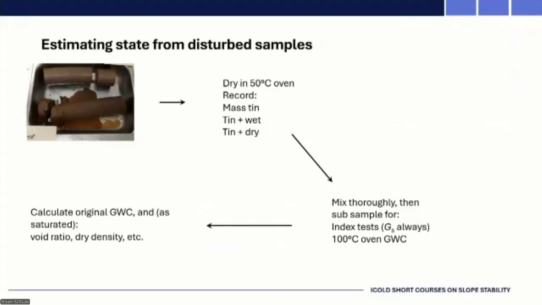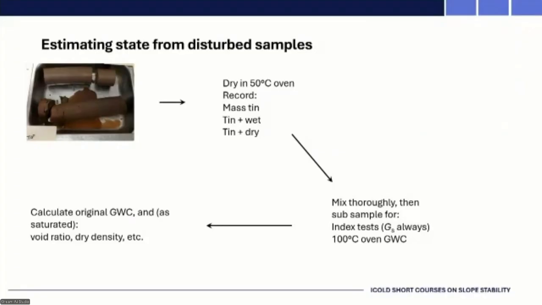So what we suggest is that you dry it in a 50-degree oven, so you get an initial estimate of water content, but it's not quite the final. Then you mix it thoroughly, and you can then subsample for index testing, for Gs, because you want to know the specific gravity at that location, if you want to use that simple e equals wGs calculation.